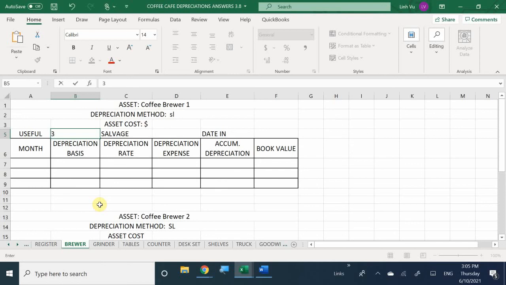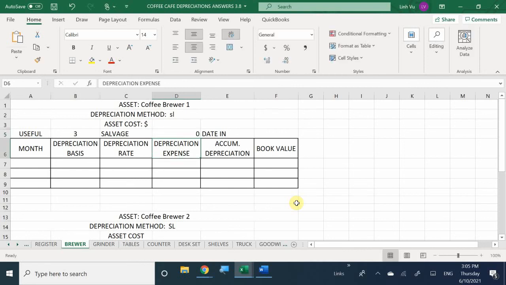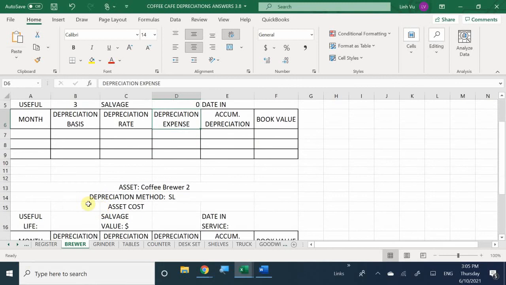Good. Does it have a salvage value? No. What about the second coffee brewer? What's the useful life on that one? 5 years. Does it have a salvage value? No, it doesn't.